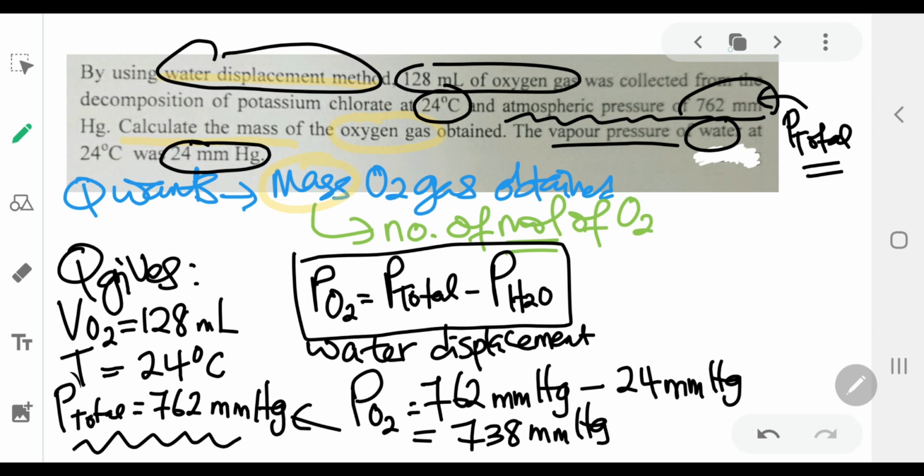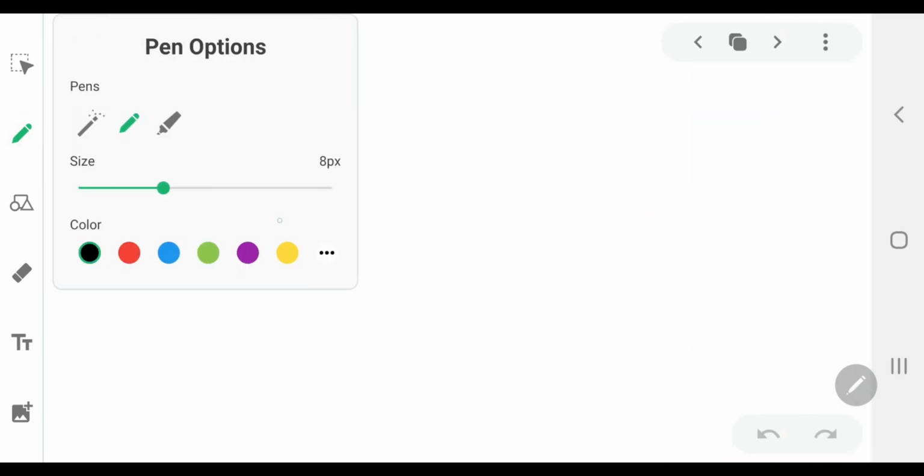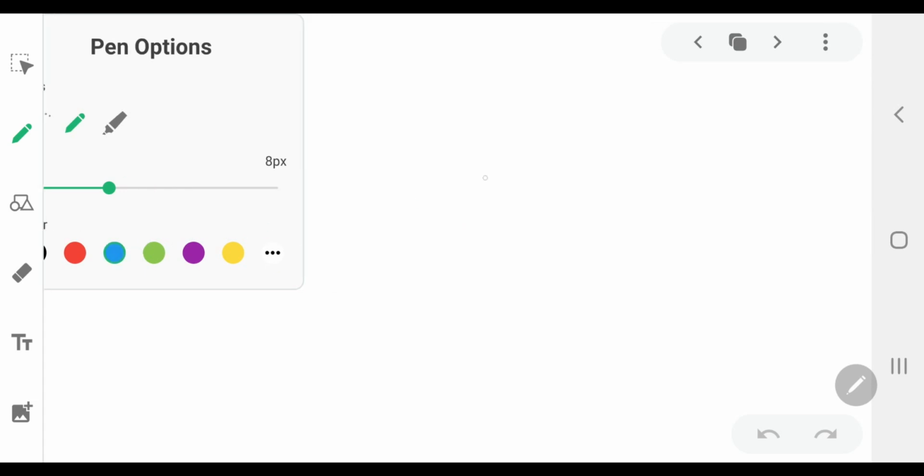What do we need to do now? We just need to do the conversion first before we can use PV equals nRT to find our number of mole of gas. Okay, so now we're gonna do some conversion. So we're gonna do millimeter mercury to ATM.